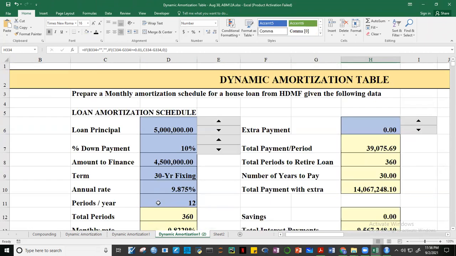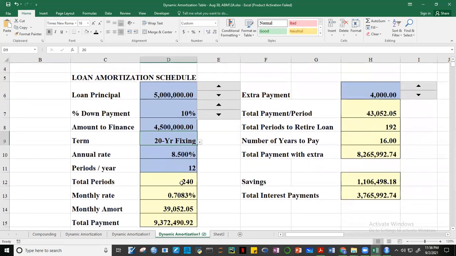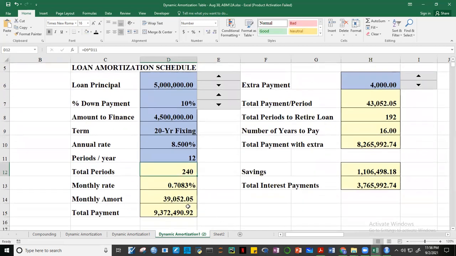Let's suppose this changes into 20 years, and then we give an extra payment of 5,000. So without extra payment, we will need to pay for 240 months, the amortization of 39,052.